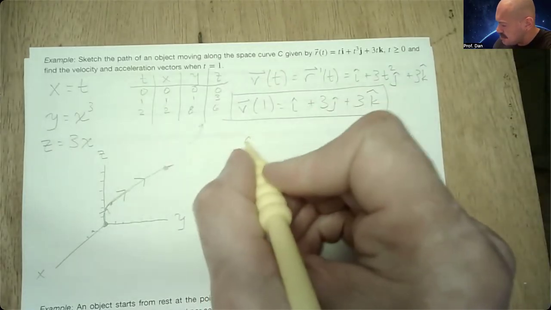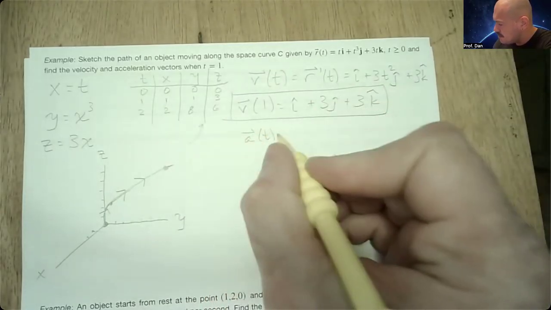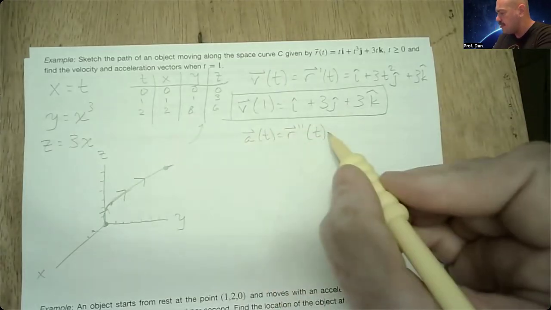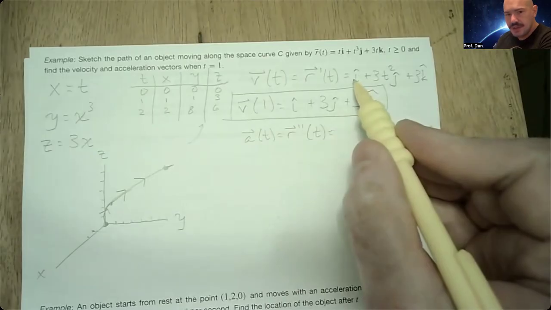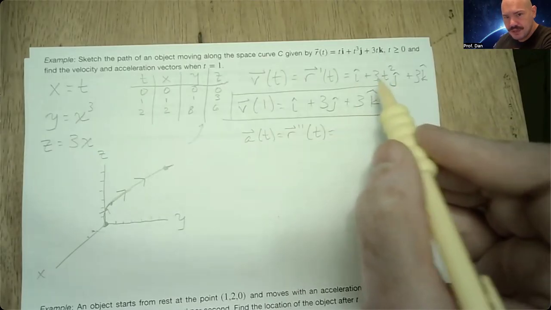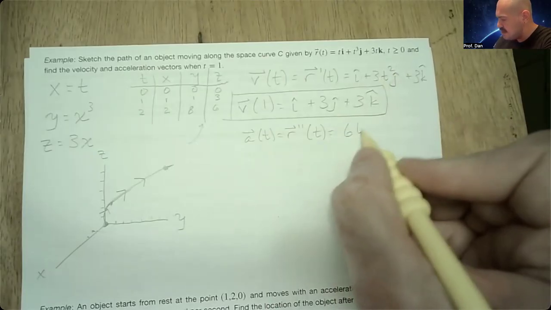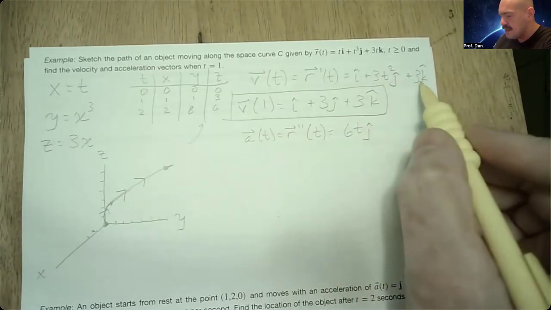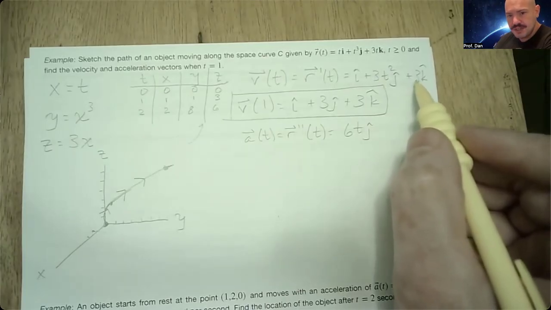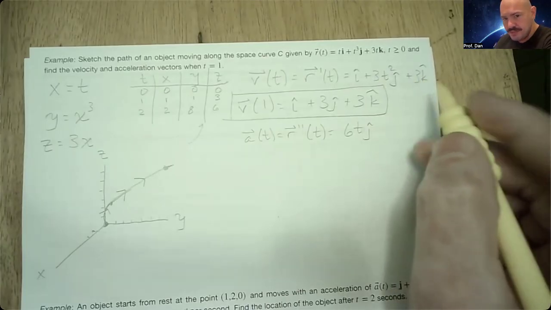All right, and then the acceleration vector, we take the second derivative of our position vector. So the derivative of 1 is 0, so there's no i component. The derivative of 3t squared is 6t, so we get 6tj. The derivative of 3 is 0, so our acceleration has no k component either.